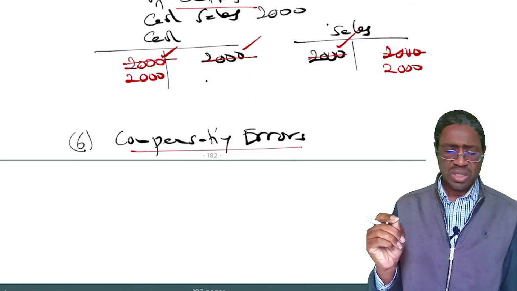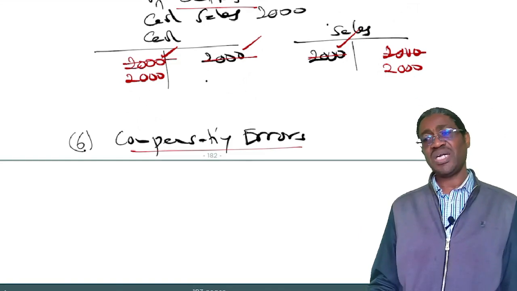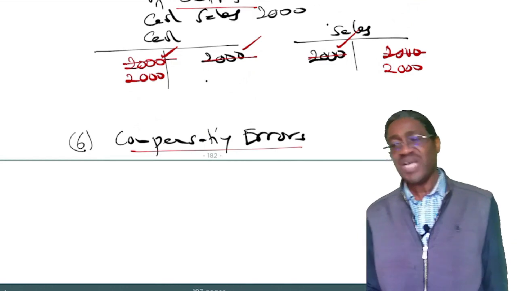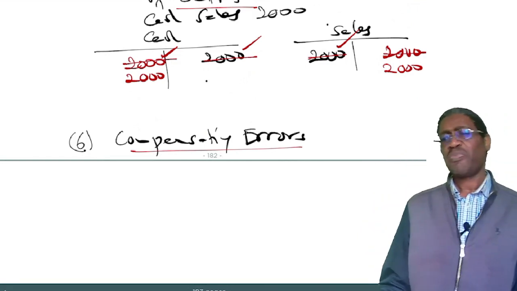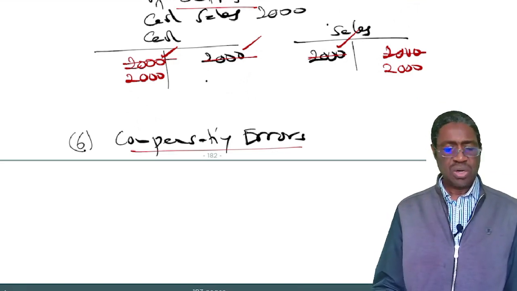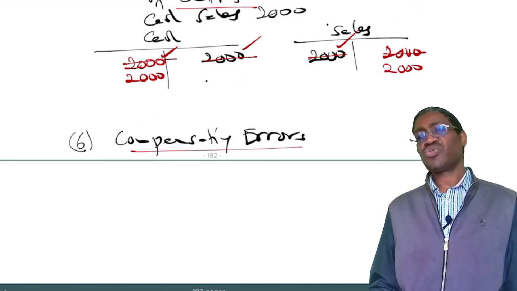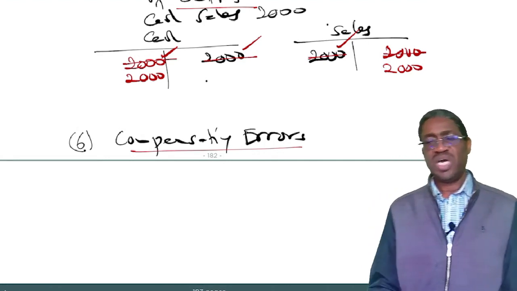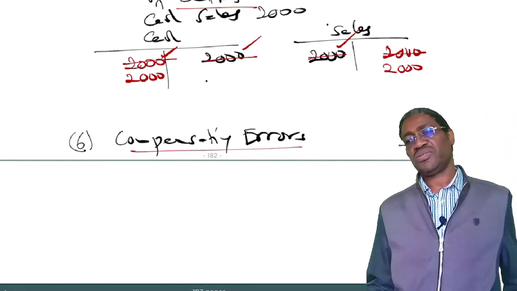Sales account being undercasted by shillings 2,000, and purchases account also being undercasted by shillings 2,000.